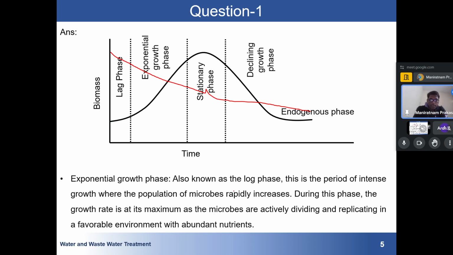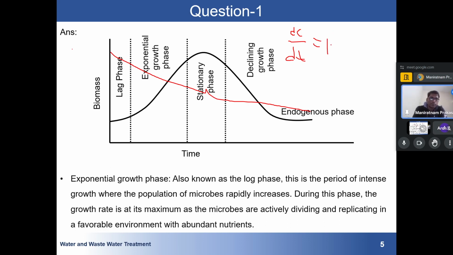So this is the general equation. The second question is why this is known as the log phase. If you remember the growth of this organic matter, suppose the concentration of microbes is represented by C, then dC/dt is proportional to, or equal to, a first order reaction.